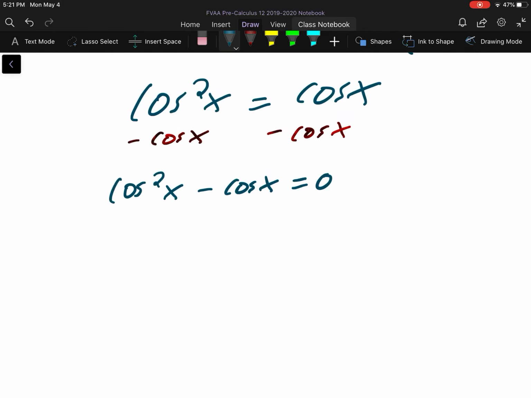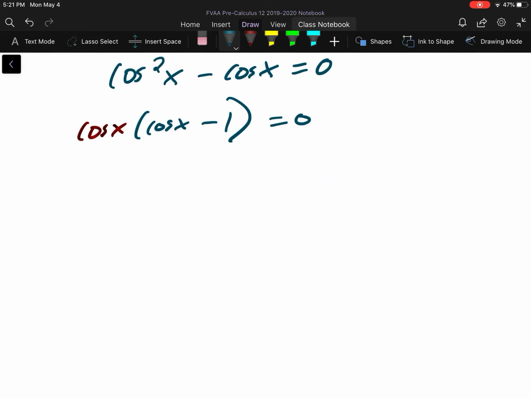And then we can factor this, right? I'm going to factor out cos x, which leaves me with cos x minus 1 is equal to 0. And then from here, I can solve for all of my solutions. This can split into cos x is equal to 0 and cos x minus 1 is equal to 0.